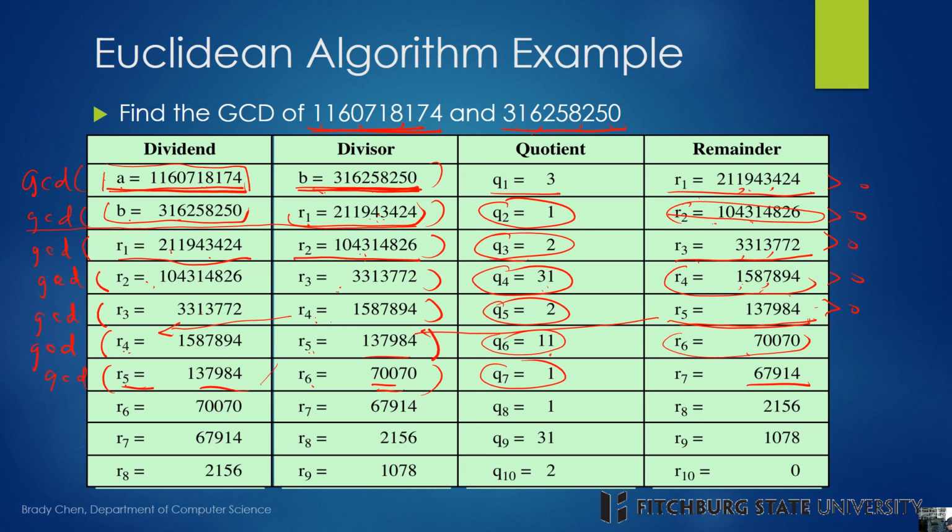And then convert the problem into a smaller problem. Replace R5 by R6, replace R6 by R7, and then divide R6 by R7. We got a quotient, and we got a remainder. Wow, R8, 2,156. Now the problem continues.